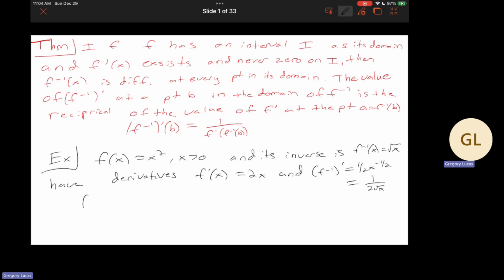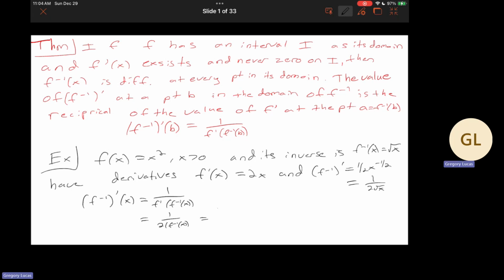So if we start with, let's say, f inverse prime of x equals 1 over f prime of f inverse of x. We evaluate this right-hand side. We have 1 over 2 of f inverse of x.